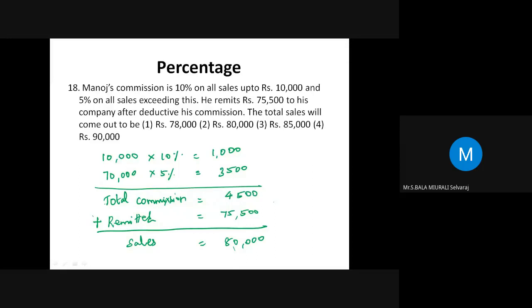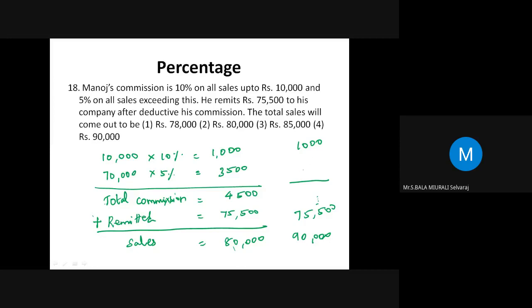Understood the problem, everybody, how to operate? Sir, if you take 90,000, what would have happened? Operate it like this. For 90,000, he remitted 75,500 already. 10% for the first 10,000, what is remaining? 80,000.